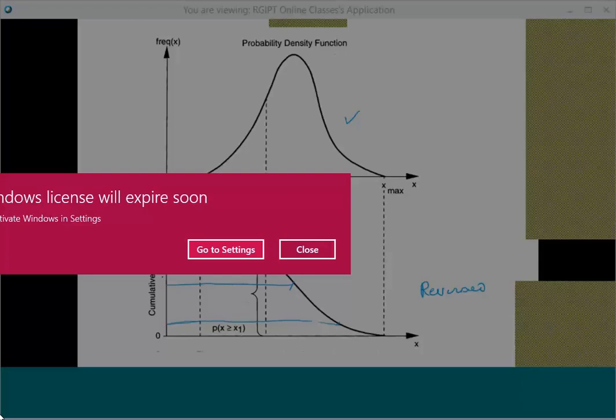Now, when we say P10 or P50 or P90 or P85, look at this here at the bottom. Probability of X more than or equal to X1. Okay.